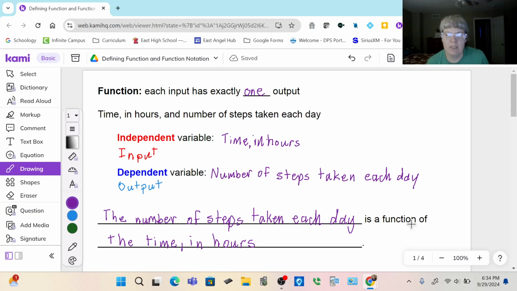When you're writing a sentence in this form with the phrase is a function of, we always start with the output. We say the output is a function of the input, the time in hours.